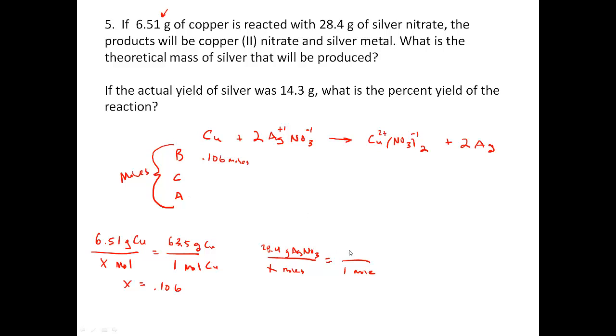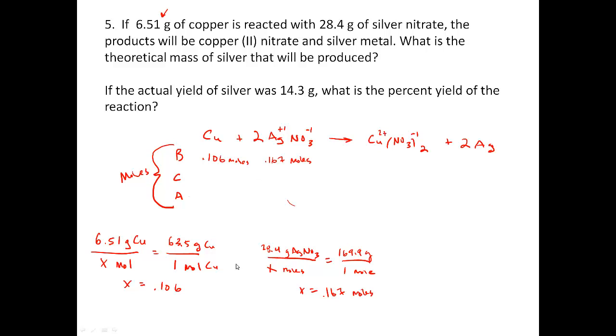Silver nitrate is 169.9 grams per mole. So if we've got 28.4 grams, we're going to end up with 0.167 moles. So that's what goes into the table.